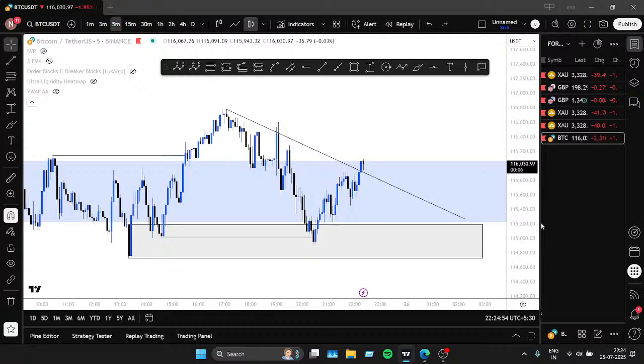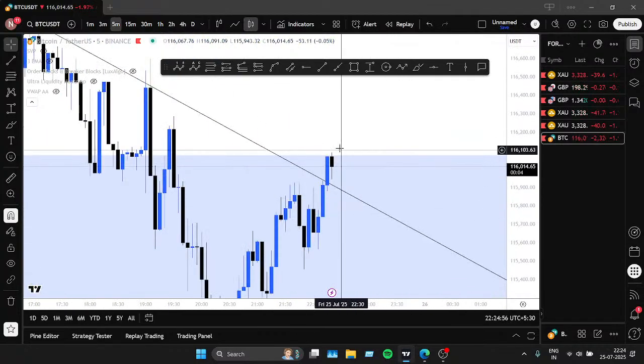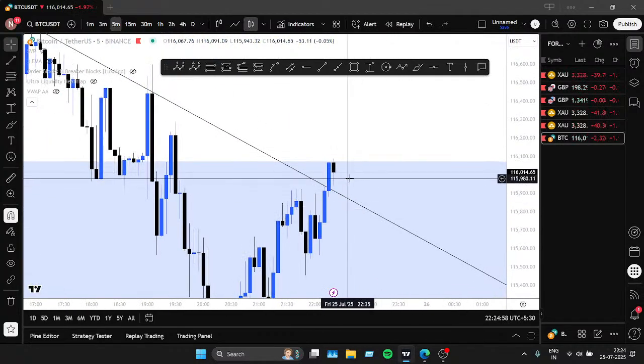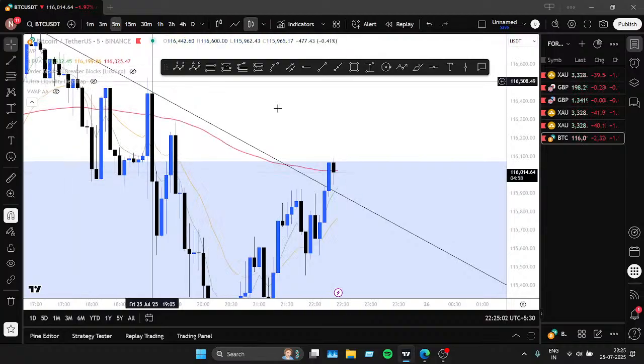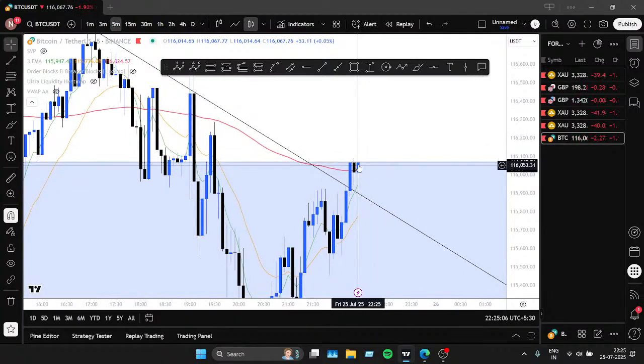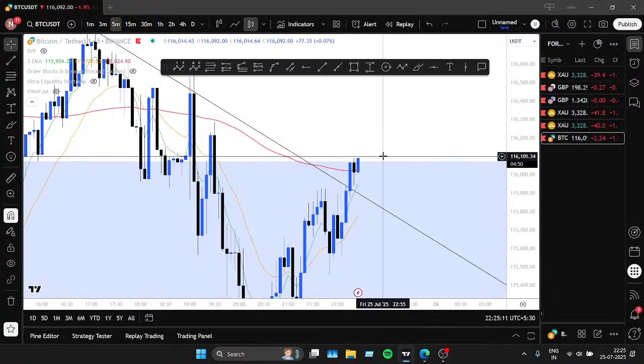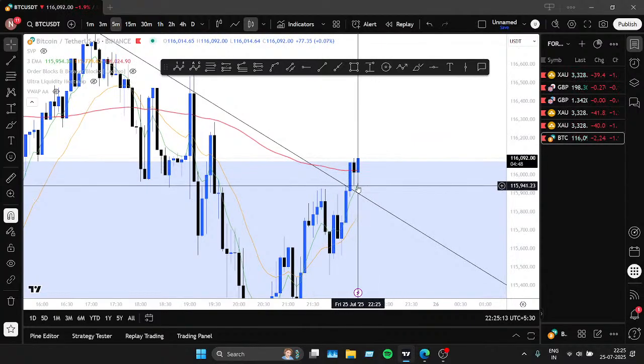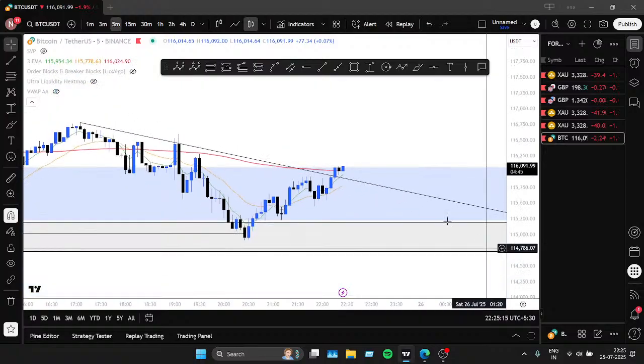Okay, BTC, as you can see, after the bullish breakout to the upside, buyers are stepping in. Buyers are trying to push prices higher, but still we'll look for confirmations, right? Even though this blue bullish candle has closed above this red line, still we need a confirmation like this EMA being over this high.